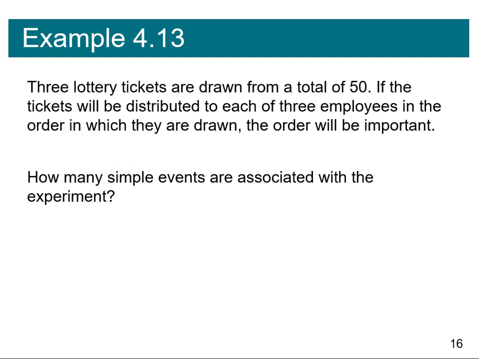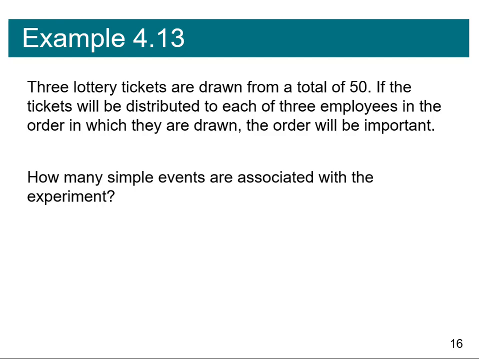3 lottery tickets are drawn from a total of 50. So there's 50 lottery tickets, and we're going to take 3 from the 50. We can imagine they're labeled 1, 2, 3, up to 50. If the tickets will be distributed to each of 3 employees in the order in which they are drawn, the order will be important.